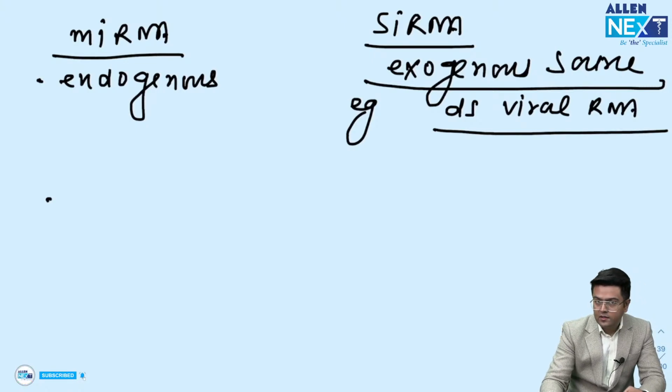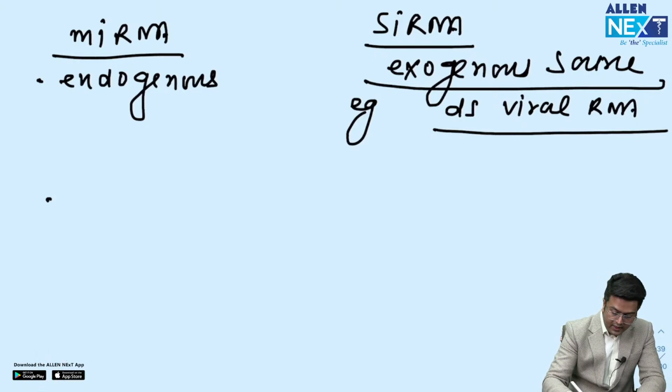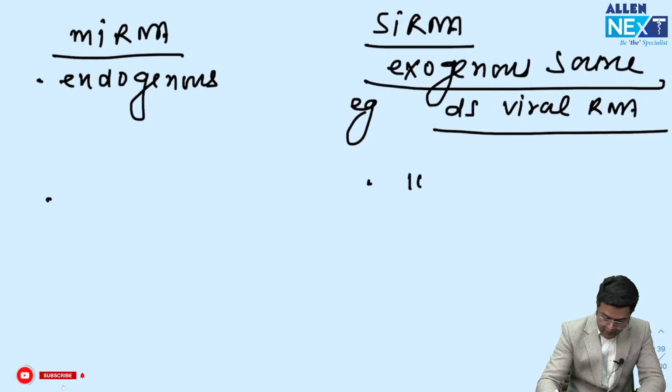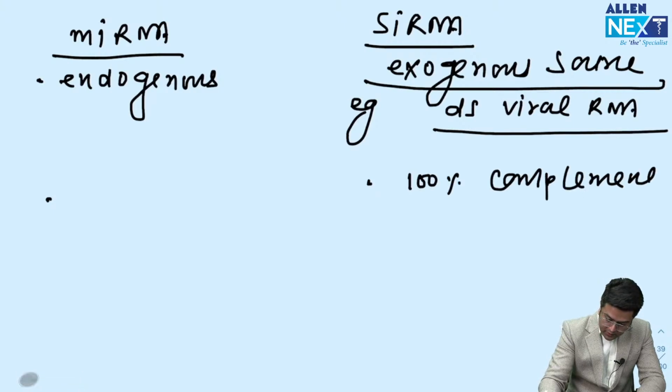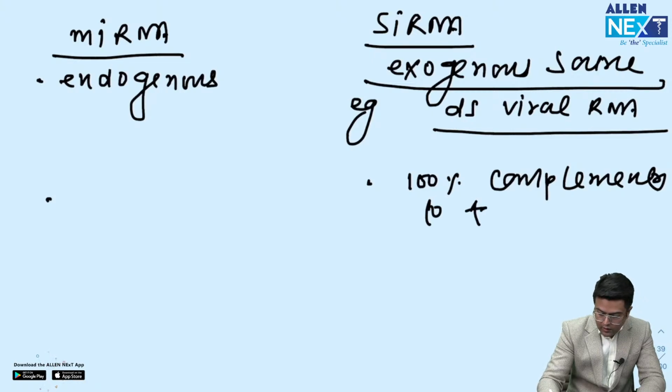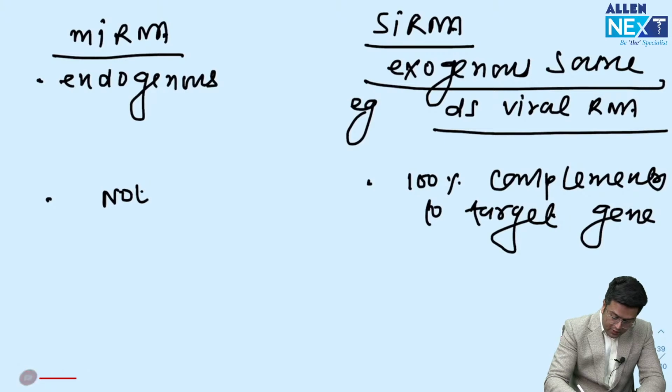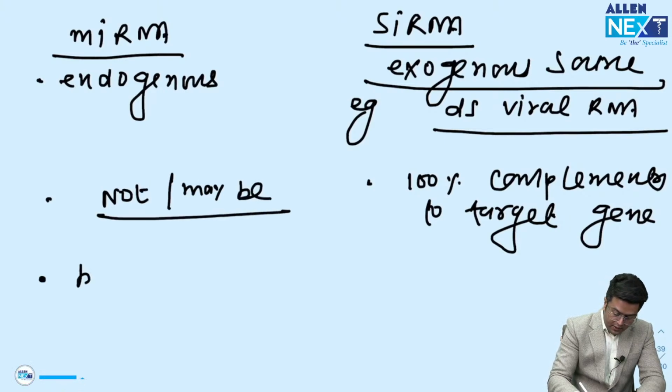So that means it is not produced in the nucleus, so Drosha is not involved here. Second thing, the siRNA is 100% complementary to the target gene, while microRNA is not always.